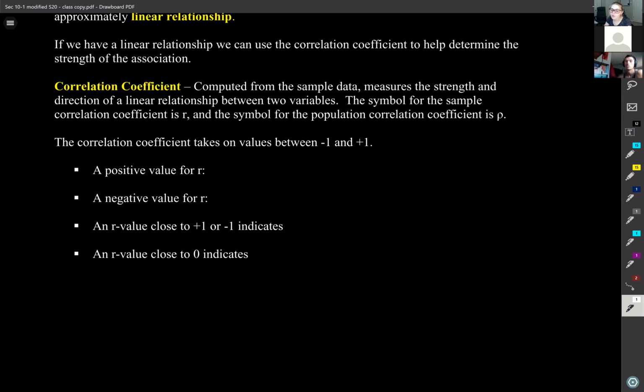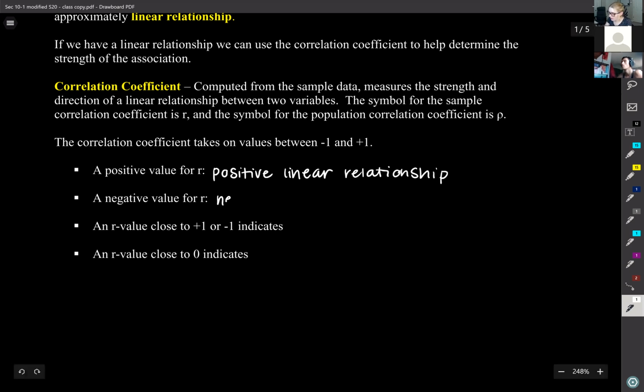A positive value for R is going to indicate a positive linear relationship. Makes sense, positive, positive. And likewise, a negative value for R indicates a negative linear relationship.